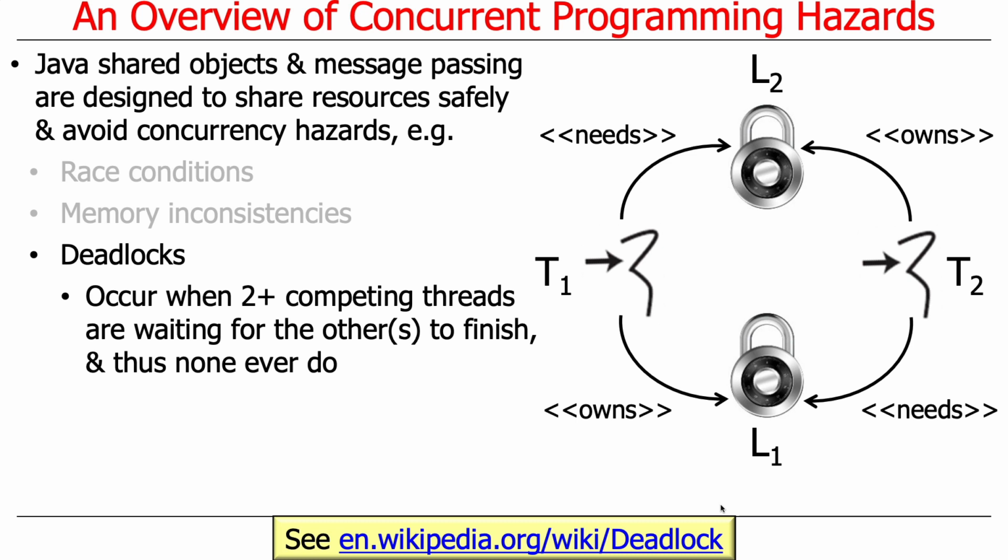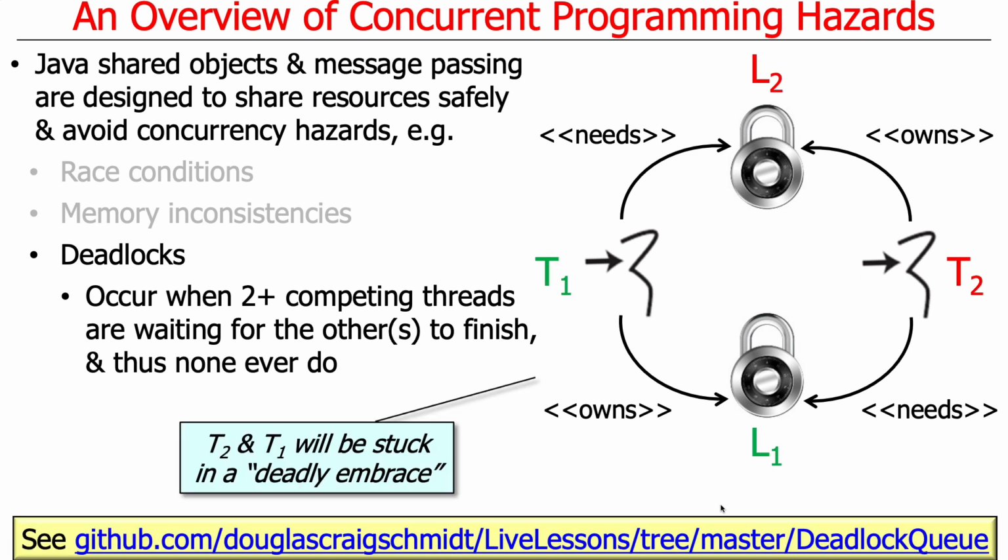And of course, this guy is holding on to L1 and won't release it. This guy wants L2, but L2 is owned by T2, which won't release it. So they've got a deadlock. That's also a very subtle problem. There's ways to break deadlocks, but they're a little bit tricky. So as a consequence, these two threads will be stuck forever in a deadly embrace. And I have an example here in my GitHub repository to show how to deadlock if you'd like.